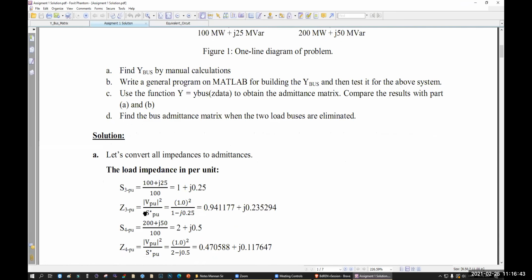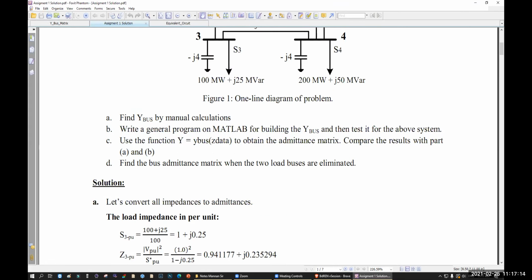You do not know what this is yet, so you do not have to worry about how we got that. So this is your Z3. Z means impedance of this load. Impedance of this load is 0.941177 plus J0.235294.